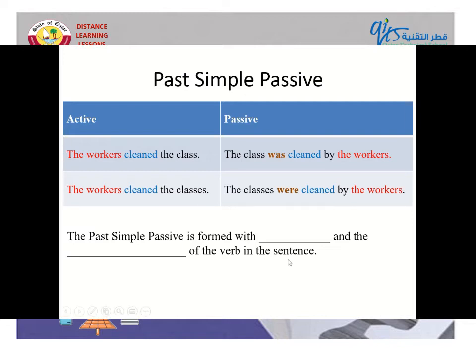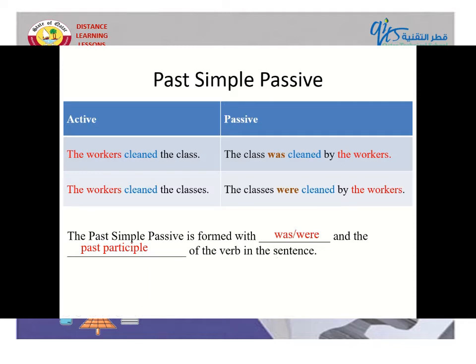Great. So we have: the past simple passive is formed with was or were, which is the verb to be, you can see here, and the past participle, cleaned, of the verb in the sentence.